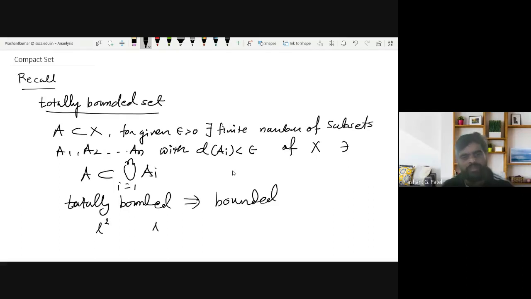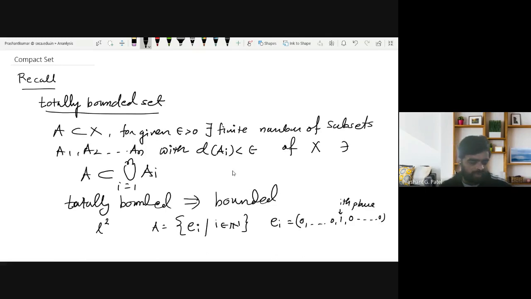In that we have defined a set A, which is ei, for i belongs to N, where ei is the element whose ith entry is 1, all other entries are 0. So this is an ith entry. And we have proved that this set A is not totally bounded, but it is bounded in the L2 space. That we have proved in the previous lecture.